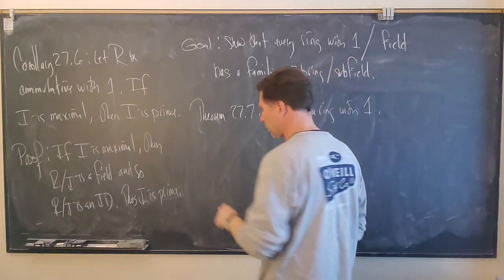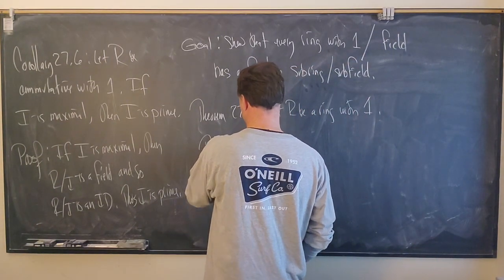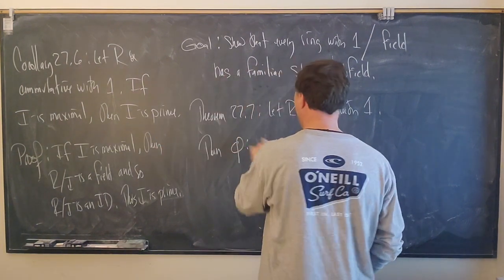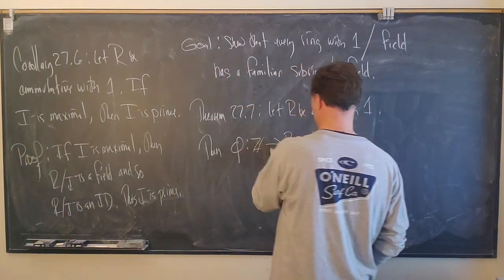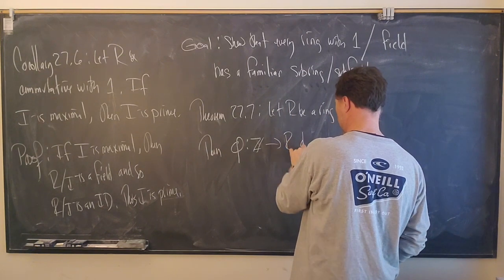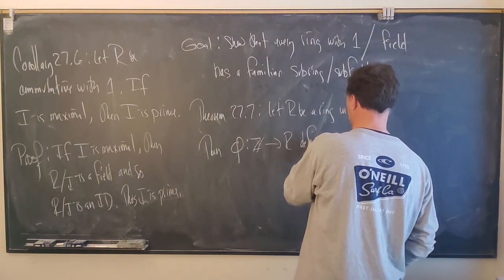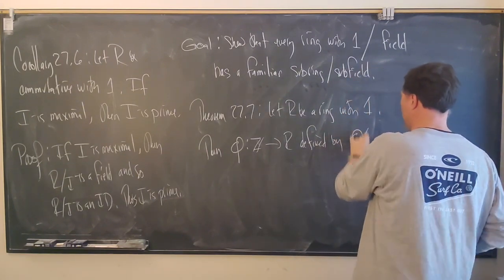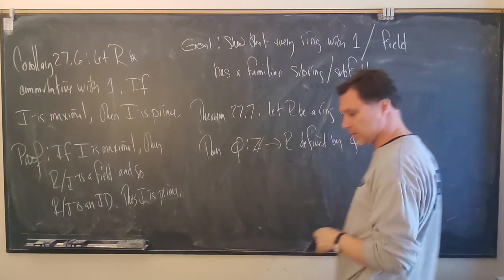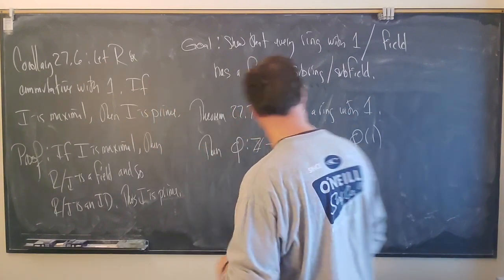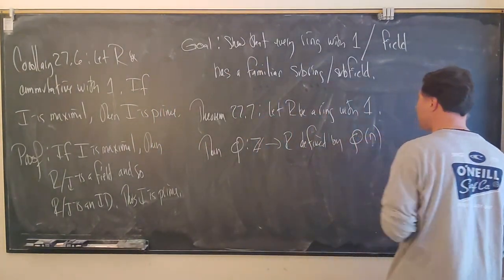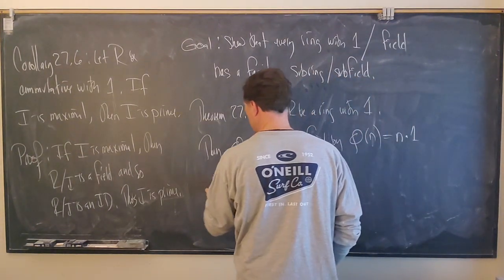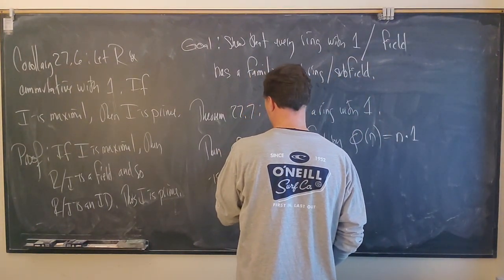Then the mapping phi from Z to R, defined by phi of n equals n dot 1, is a homomorphism.